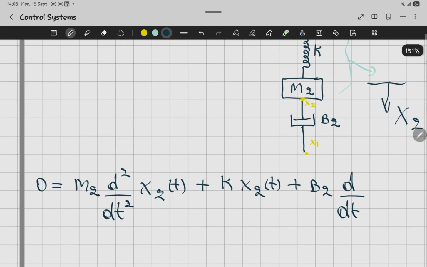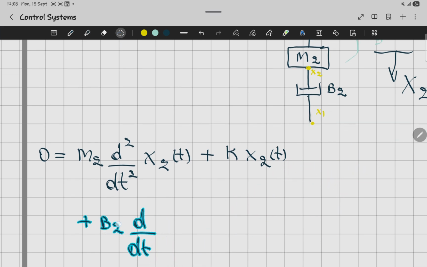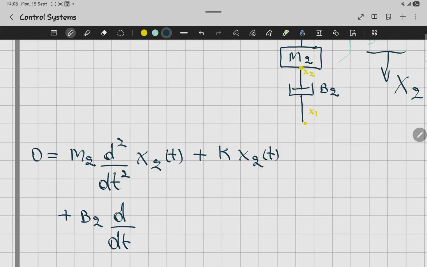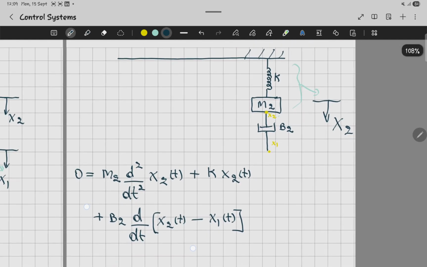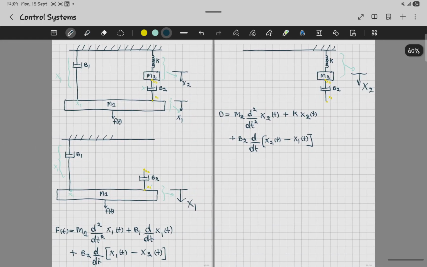So for you to see it clearly, I'm going to move this one to the bottom. The one close to the mass has priority, so we have x2 of t minus x1 of t. So we get something like this for the second equation. This is how you go about getting the equation from this schema.